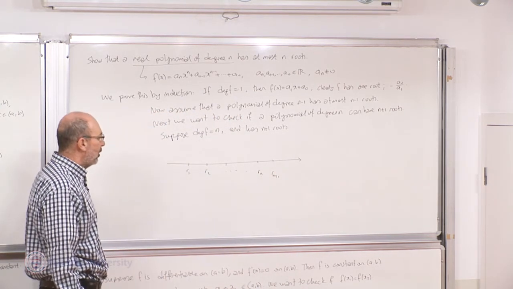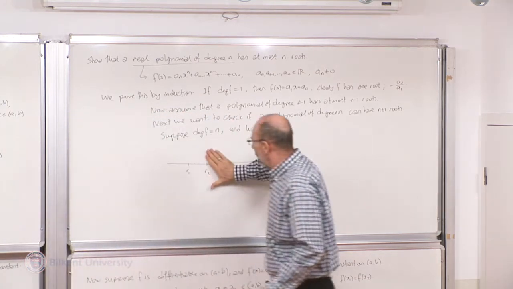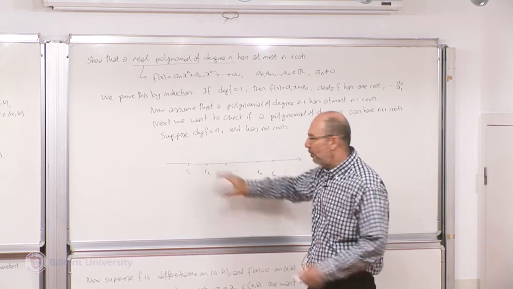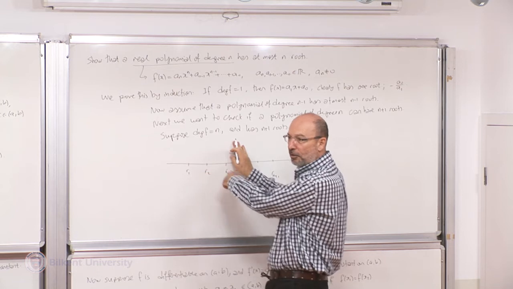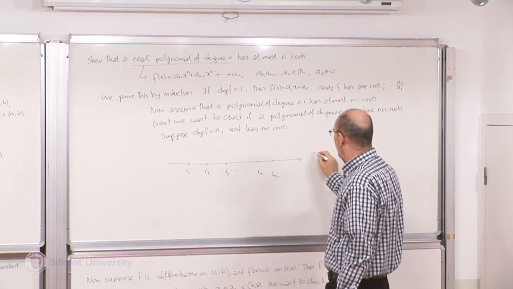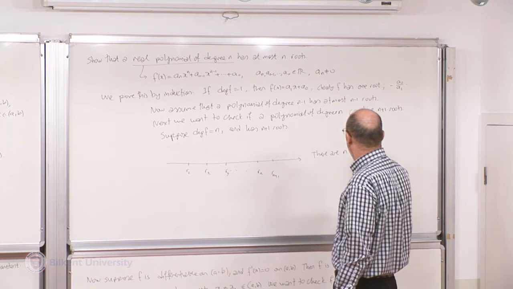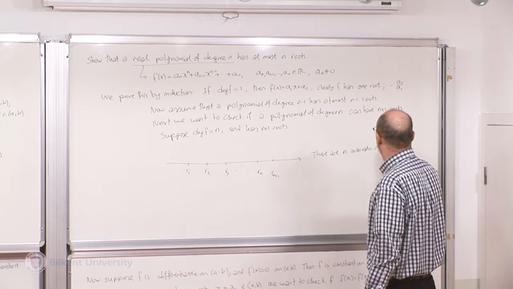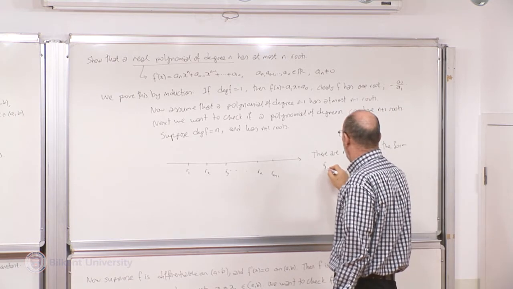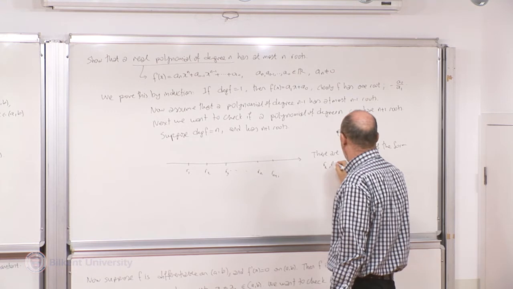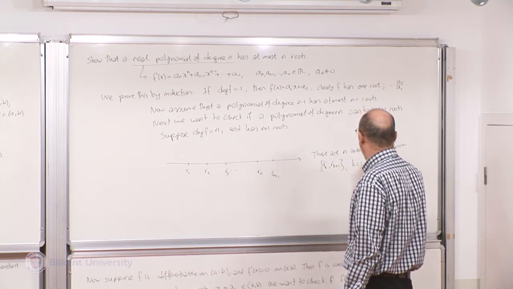Okay, so how many intervals do we have here? N intervals, right? If we had only 2 roots, we would have 1 interval. If we had only 3 roots, we would have 2 intervals. So there are n intervals of the form r_k to r_k plus 1, where k equals 1 to n.